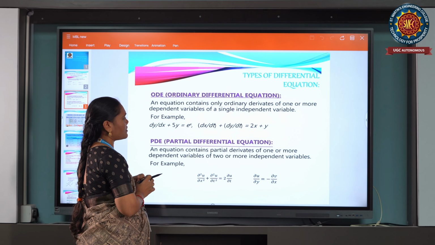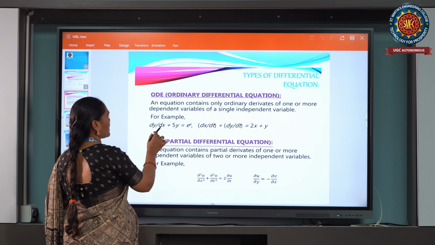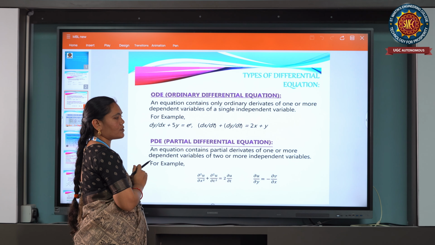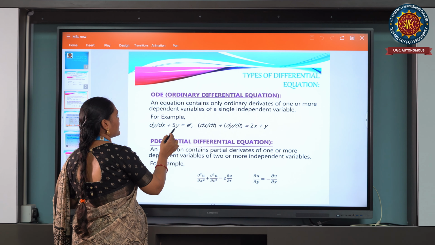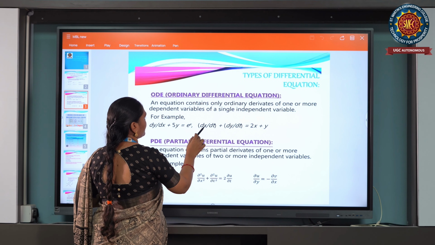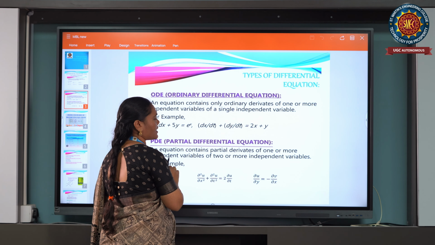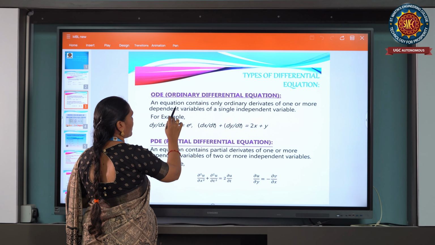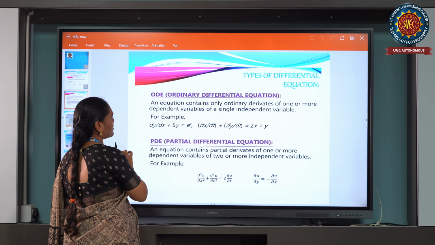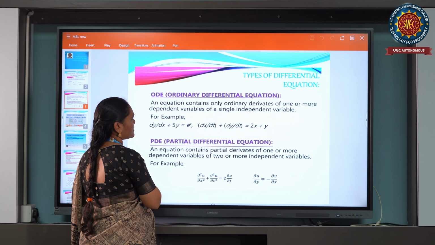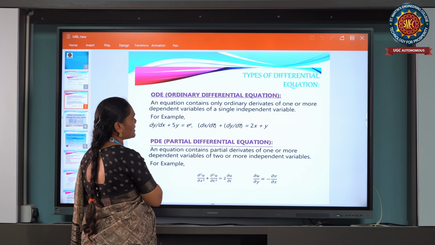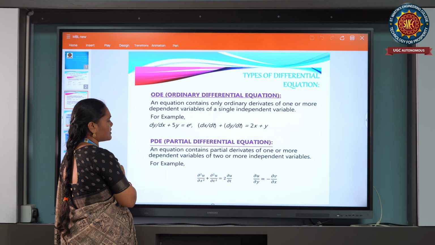First, types of differential equations. dy/dx + 5y = e^x, and dy/dt + dy/dt = 2xy. This is an ordinary differential equation example. Observe that in this equation only one dependent variable and one independent variable is there. That's why this is an example of an ordinary differential equation.